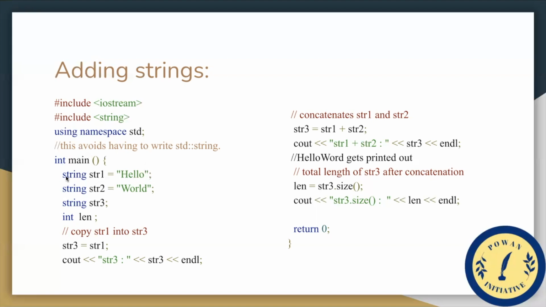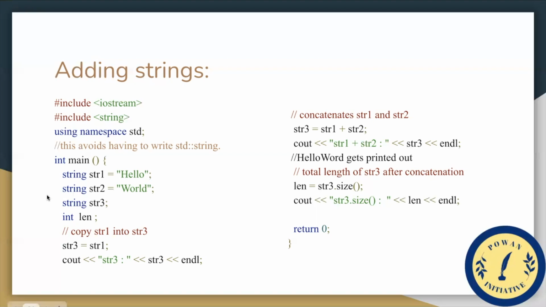We combined them into one line, which is something we talked about last time. It's simply making that variable in the string data type and giving it the value either hello or world.